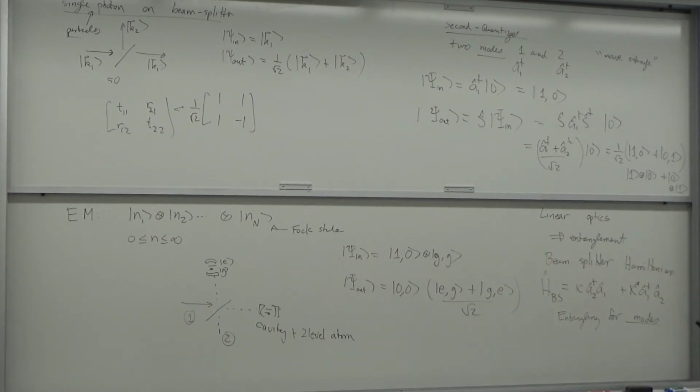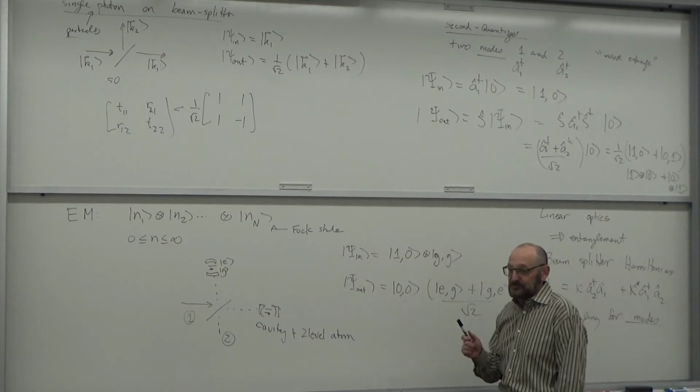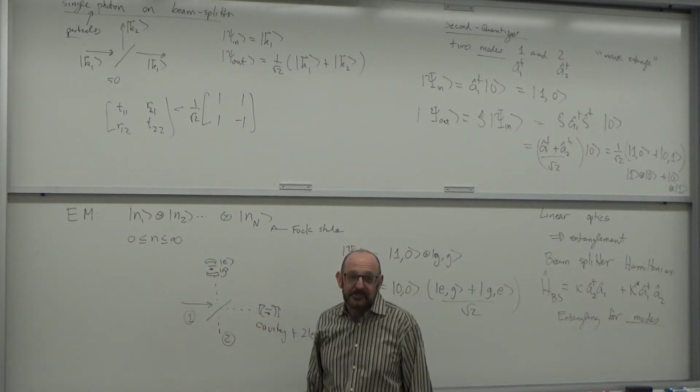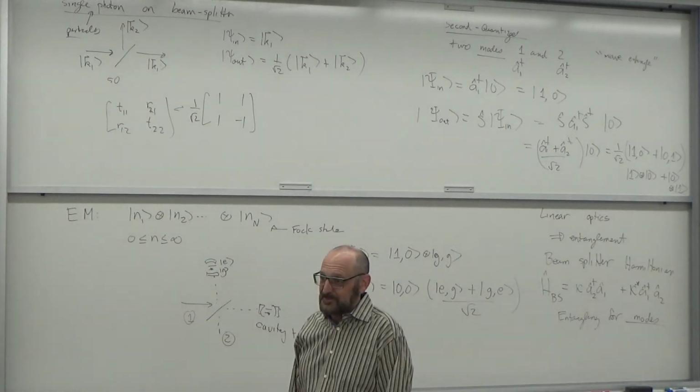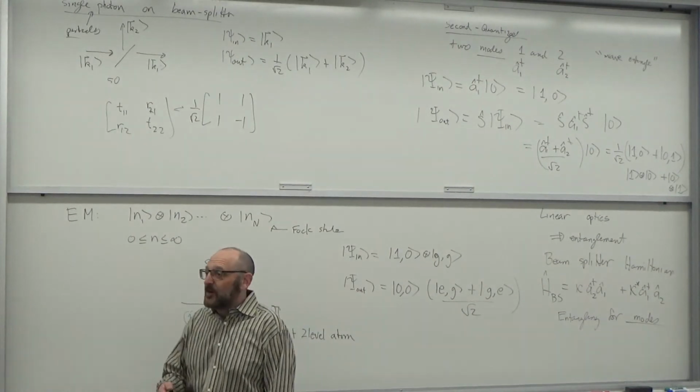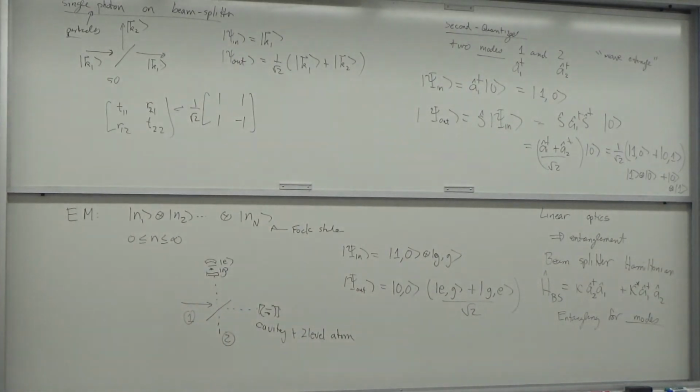Now notice, in order to get this entangled state out, the input photon could not be a coherent state. Right? If my input photon was in a coherent state, or any statistical mixture of coherent states, well, let's just say a coherent state to start.